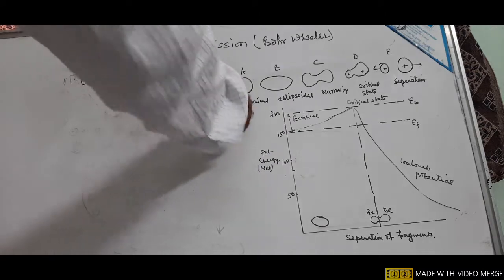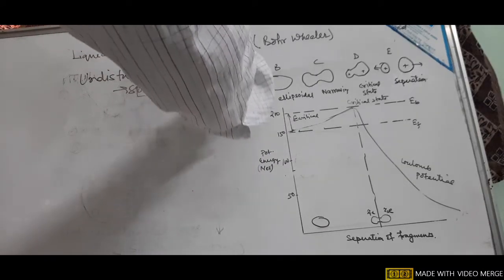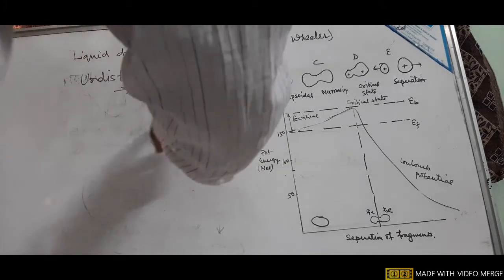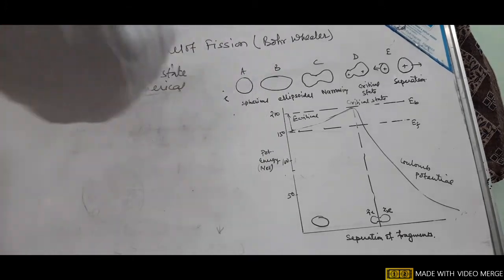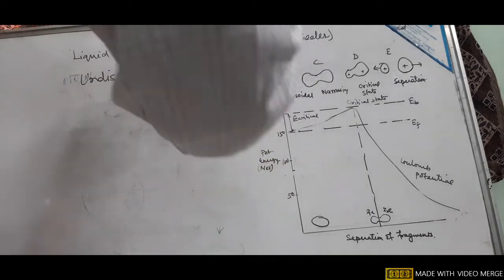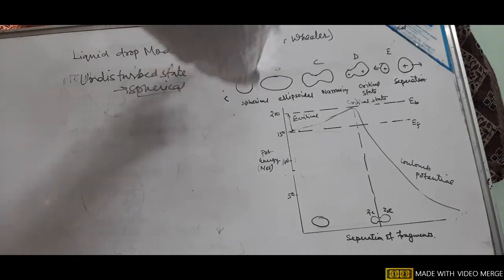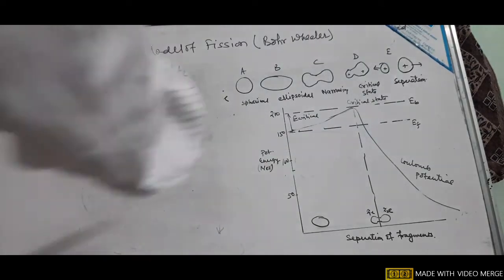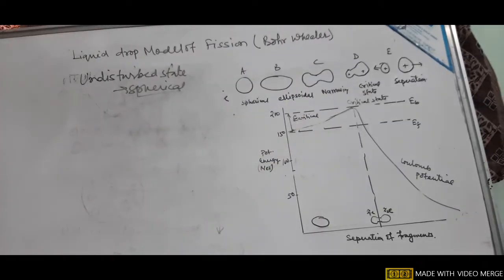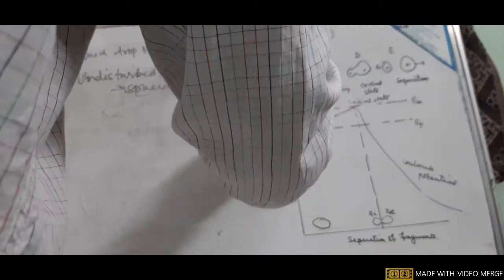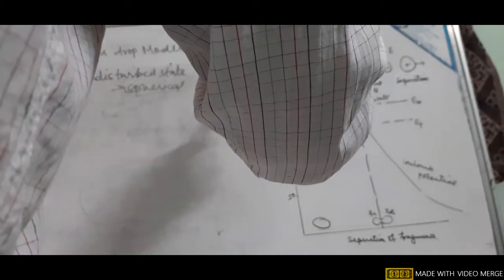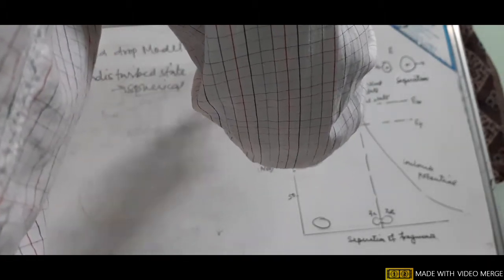The shape of the nucleus in the undisturbed state is spherical, and it is determined by the balance between the short range attractive force and the long range repulsive force between the protons, which tends to push them apart and disrupt the nucleus.